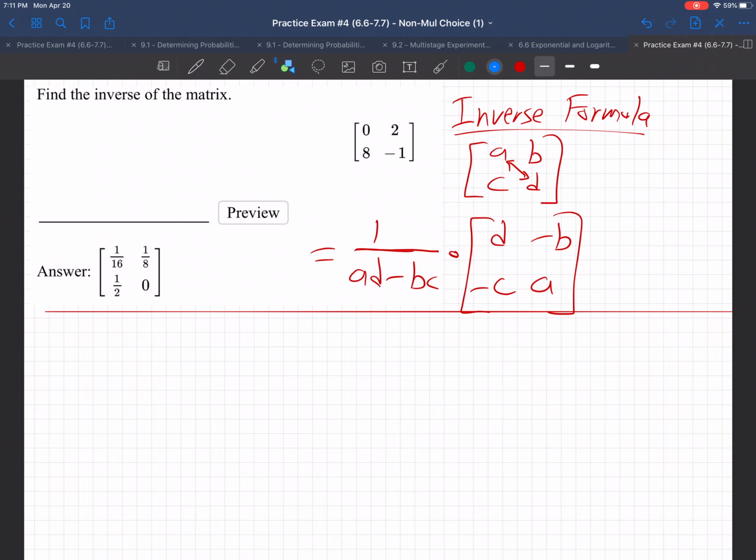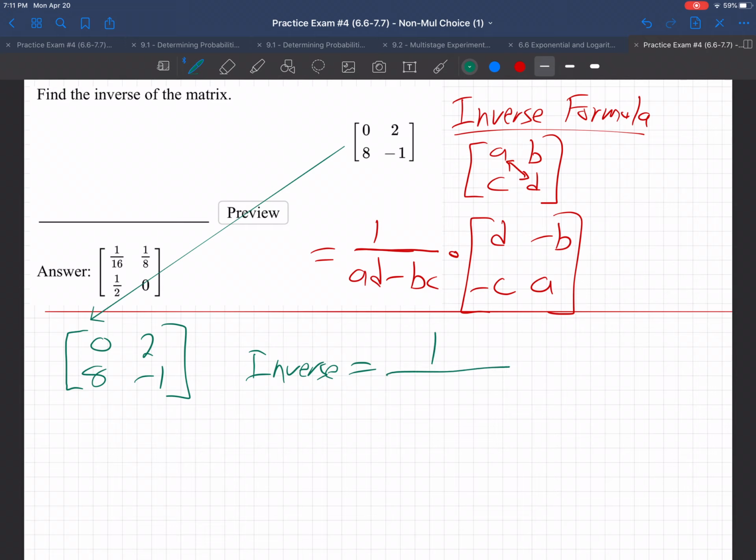So I'm going to take this matrix, bring it over here, and it is 0, 2, 8, negative 1. So the inverse will equal 1 over AD, that's this main diagonal.